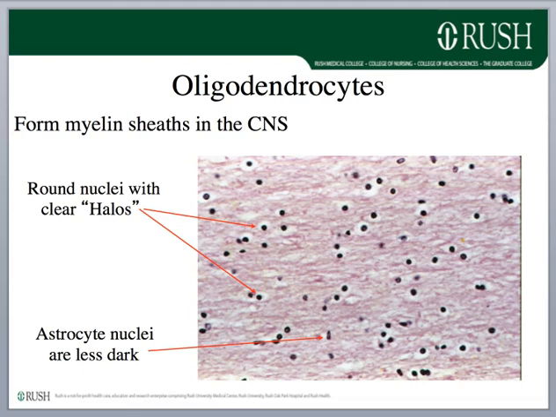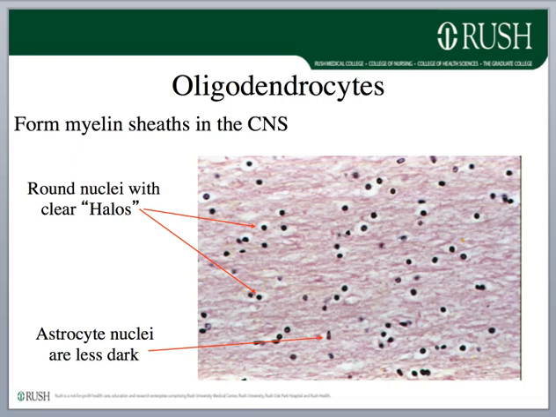The astrocyte nuclei in the background are generally less dark, and so that's how experienced neuropathologists, not myself, can readily identify these on H&E stained sections. The injury or apoptosis to oligodendroglial cells is a feature that is seen in acquired demyelinating disorders and leukodystrophies, which I'll talk about later on in the course.